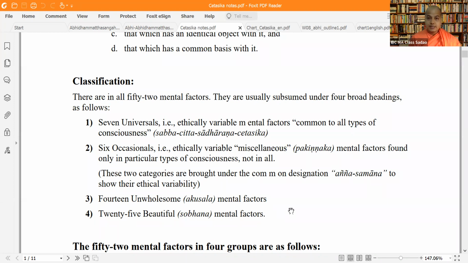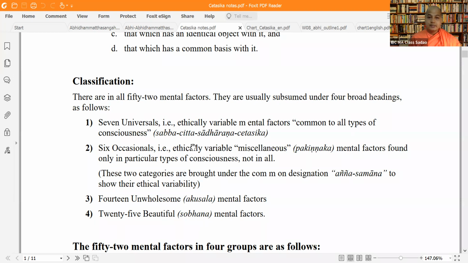So this is very clear. And Sobana Chetasikas should arise with the Chittas that are beautiful, right? But in the case of these two types of Chetasikas, they arise in the Kusala or Sobana Chittas as well as in the Akusala Chittas, right?